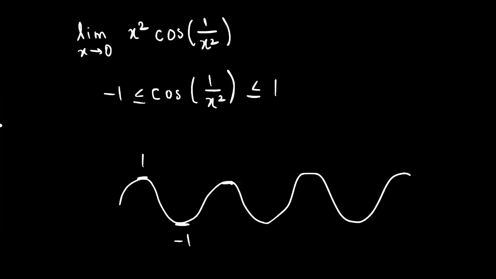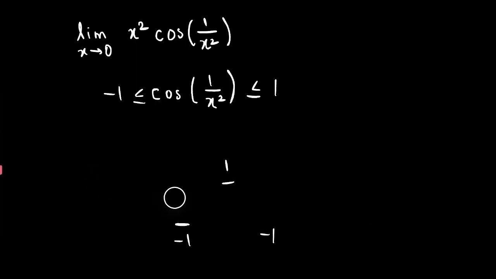So it doesn't matter exactly what this specific cosine function looks like. This is cosine of 1 over x squared, but any cosine is always going to be between -1 and 1.